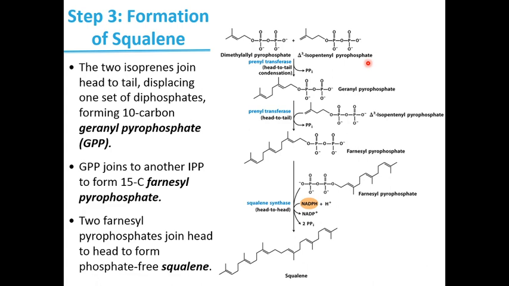Geranyl pyrophosphate undergoes another head-to-tail condensation with isopentenyl pyrophosphate, yielding the 15-carbon farnesyl pyrophosphate.